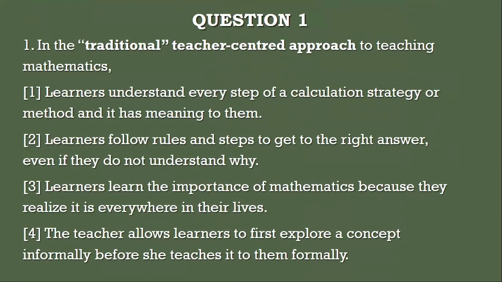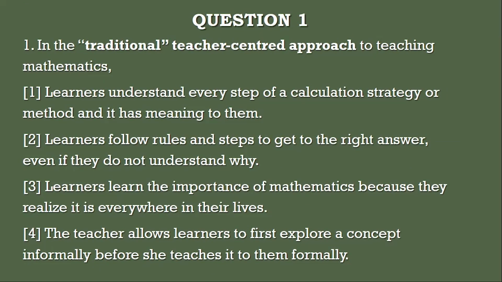Question 1 says, in the traditional teacher-centered approach to teaching mathematics, now you are going to choose one of these. Remember that's the old school type of teacher. Learners would understand every step of a calculation strategy or method, and it has meaning to them.